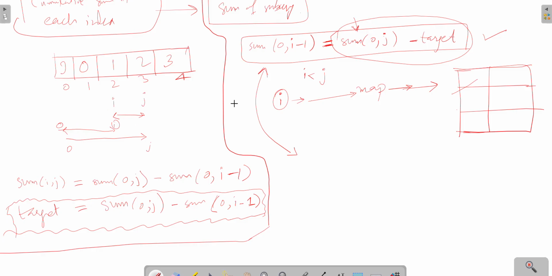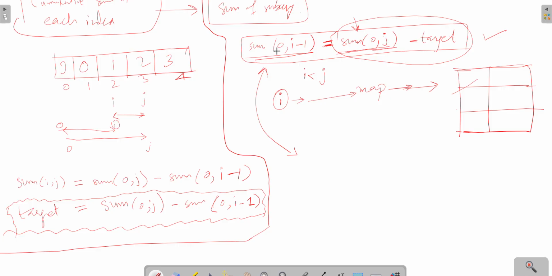Basically, since we are accessing these at this point, that's where we have the opportunity to save the index as well.